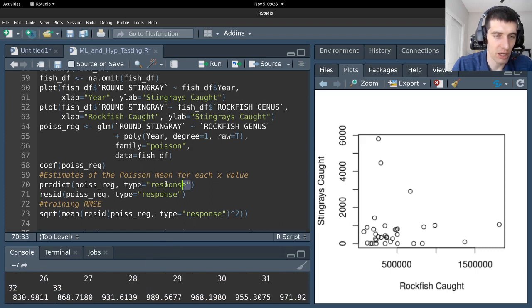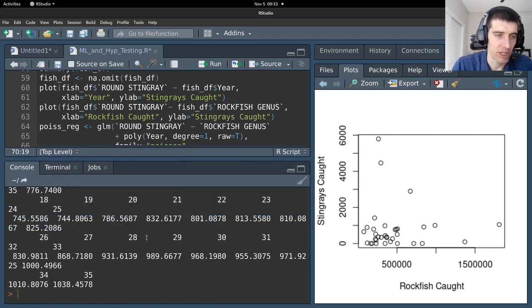That'll give me my predictions on the same scale as the response variable, so I can compare them directly to my response variable. So for example, our prediction here, given the year and given the number of rockfish caught, is that we predict 786.5 stingrays for that observation.